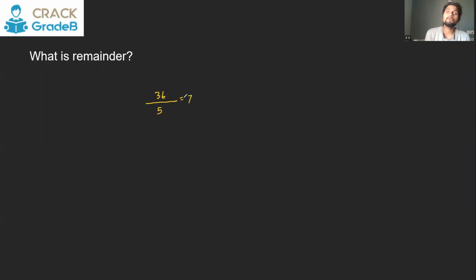That means 7 proper groups can be formed. Out of 35 sticks, 7 proper groups will be formed. But the remainder will be 1, means 1 stick will be left out. Right? So this is the practical approach of remainder. So if you understand this part, that is going to be helpful very, very much. Let's see next part.